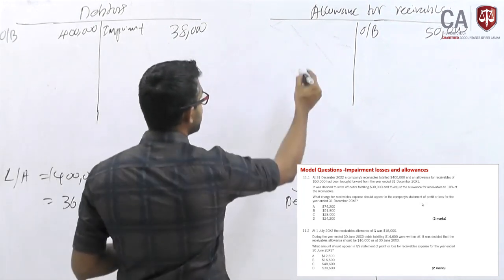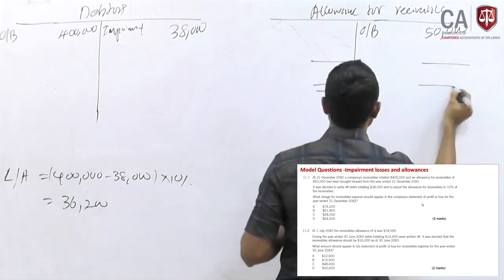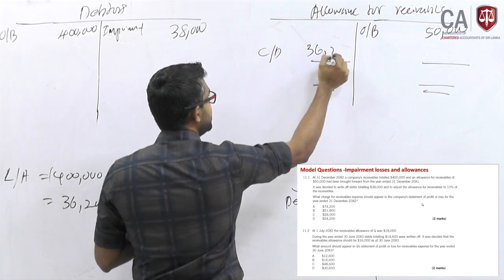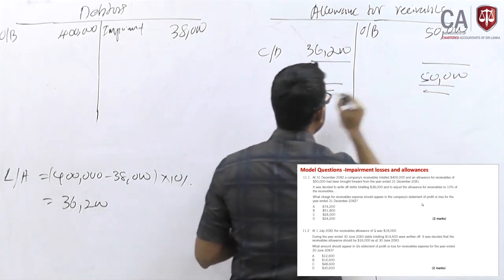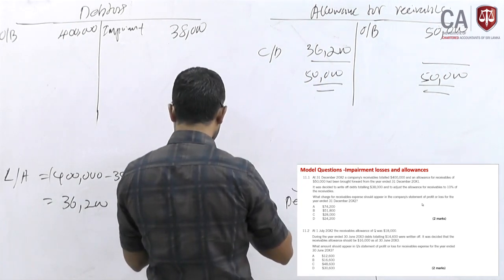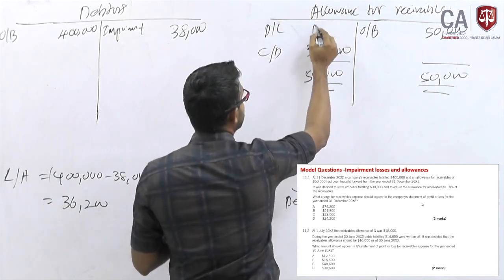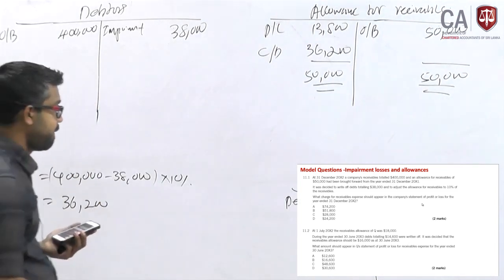So the closing balance will be carried down value 36,200. Here 50,000 is the balance amount. So the balance charged to P&L is 13,800.